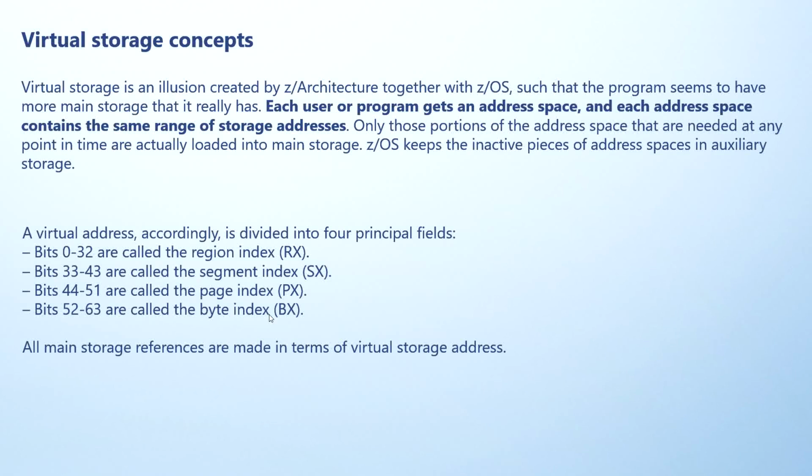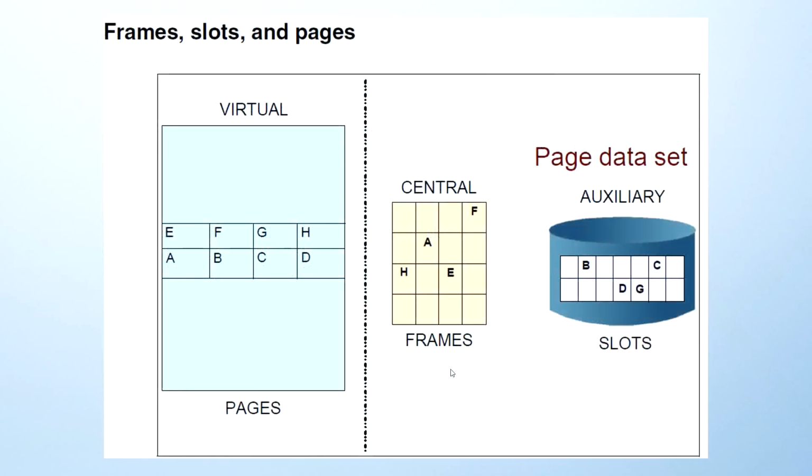Okay, and as we discussed, all storage references are made in terms of virtual storage addresses, not real storage addresses. Having said that, we have two kinds of storage, the central storage or real storage and the auxiliary storage, and we have an illusion storage called virtual.